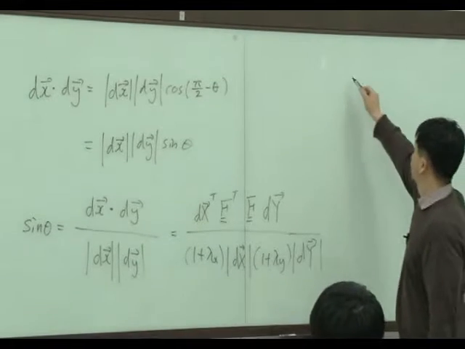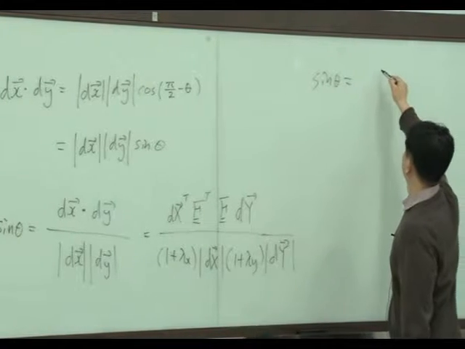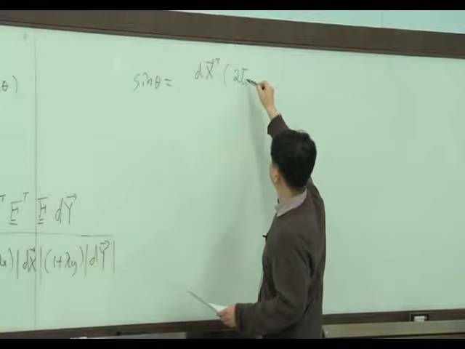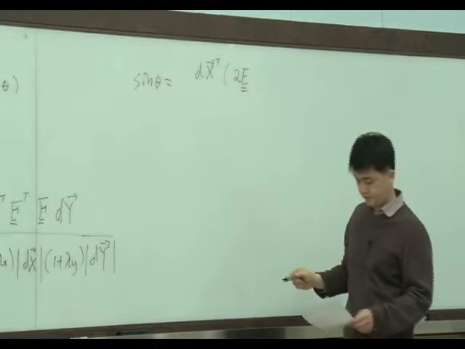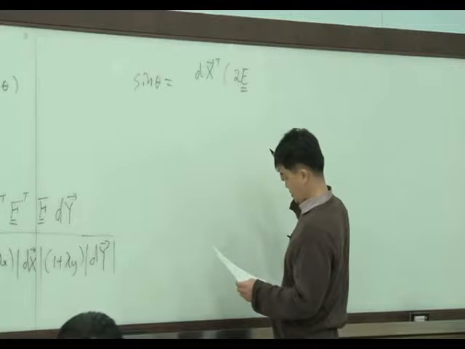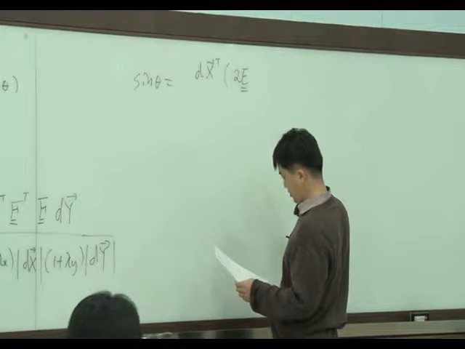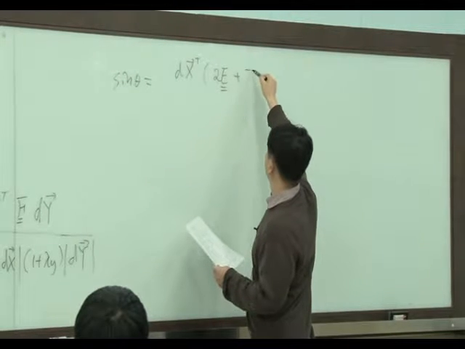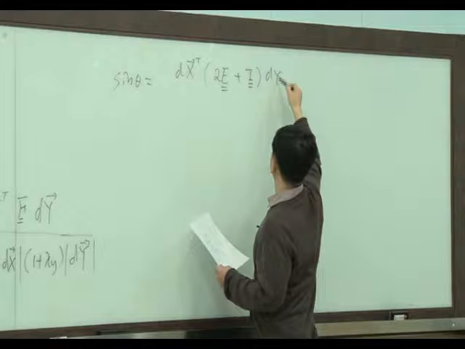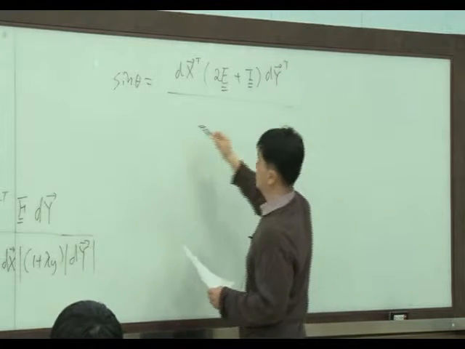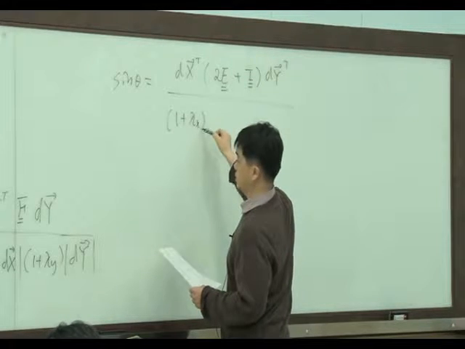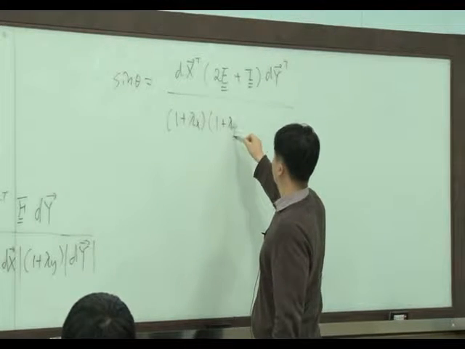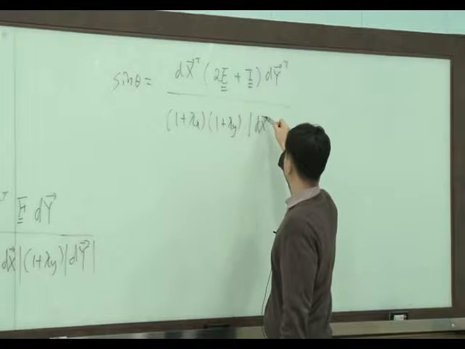Then sine theta equals dX transpose, here 2 times the Green-Lagrange strain tensor E, dY, divided by 1 plus lambda x, 1 plus lambda y, and the magnitudes of dX and dY.